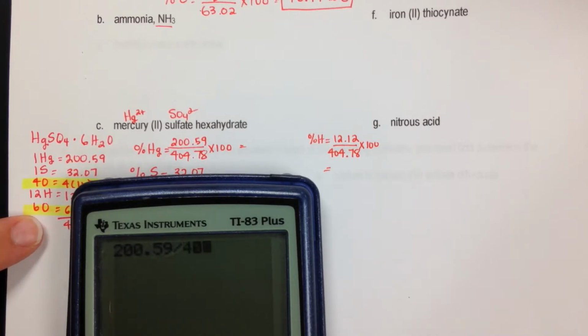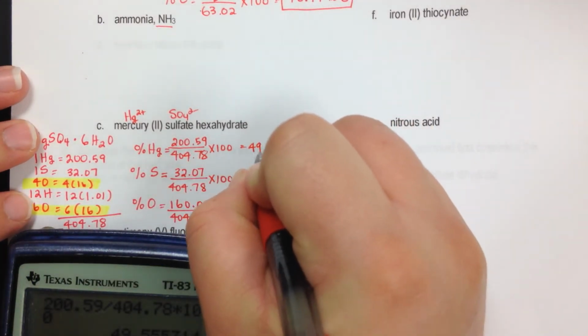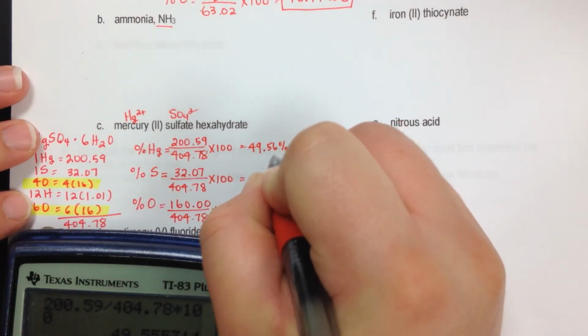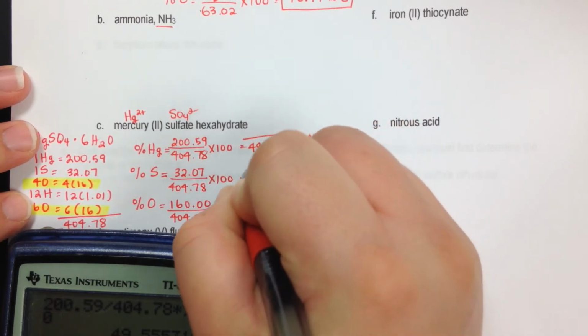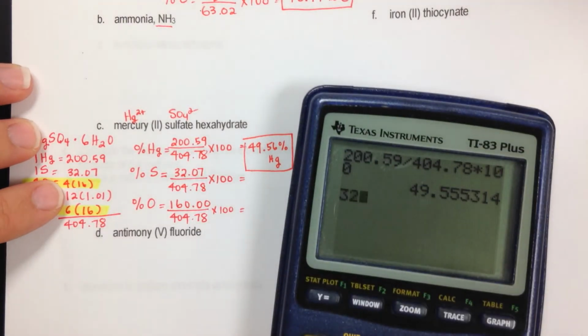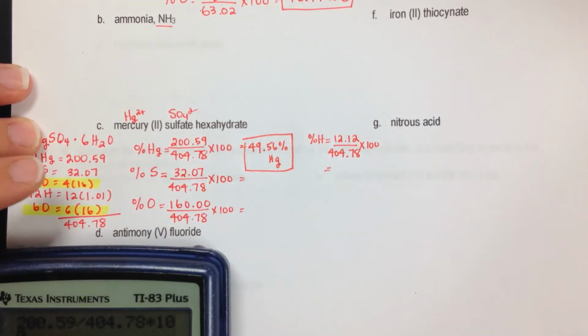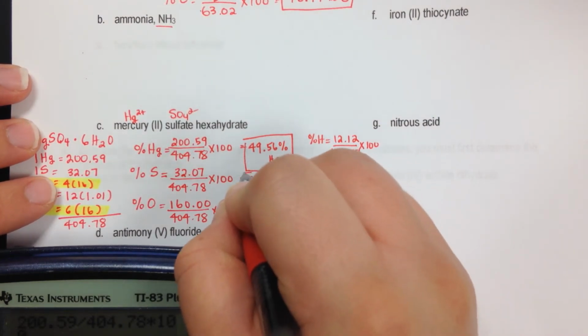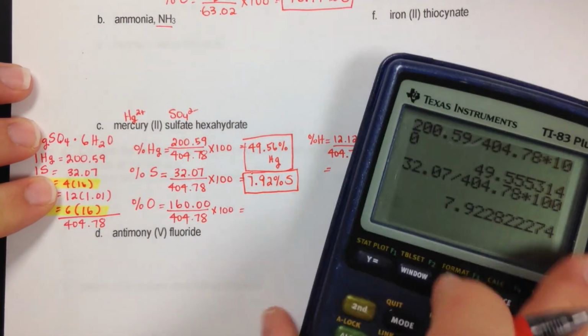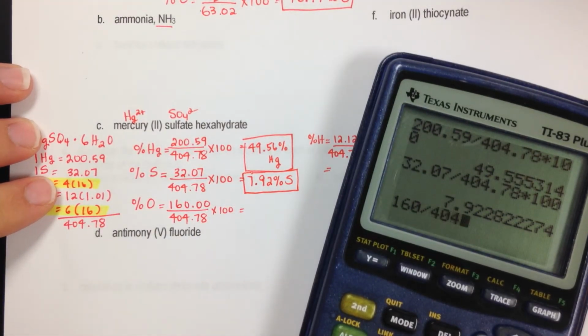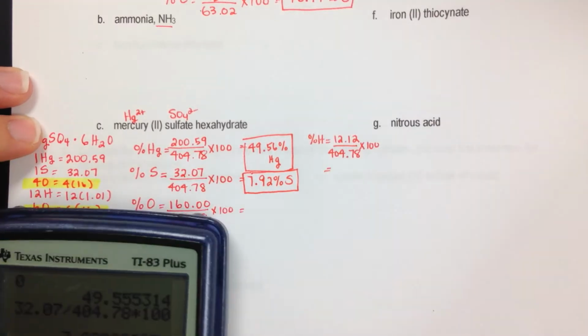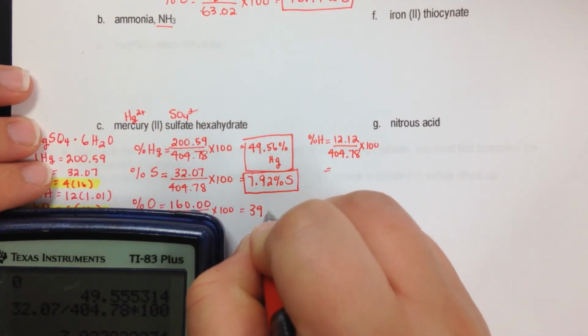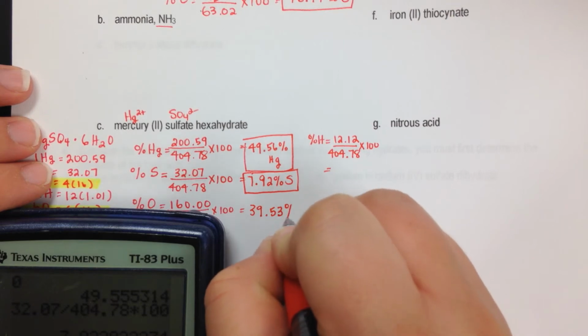So let's calculate each of these. 200.59 divided by 404.78 times 100 gives me 49.56% mercury. Okay, sulfur, 32.07 divided by 404.78 times 100, 7.92% sulfur. 160 divided by 404.78 times 100 gives me 39.53% oxygen.